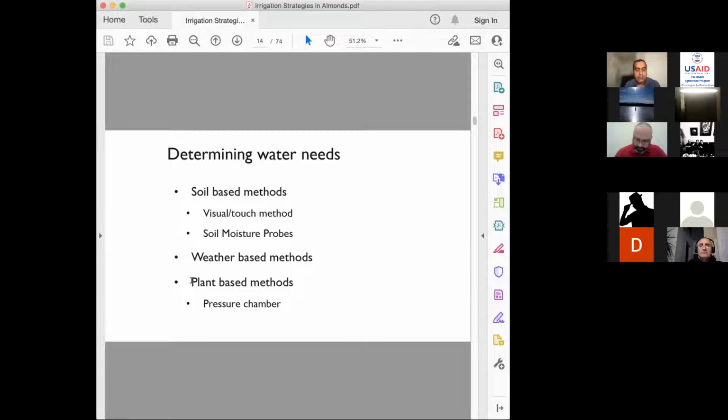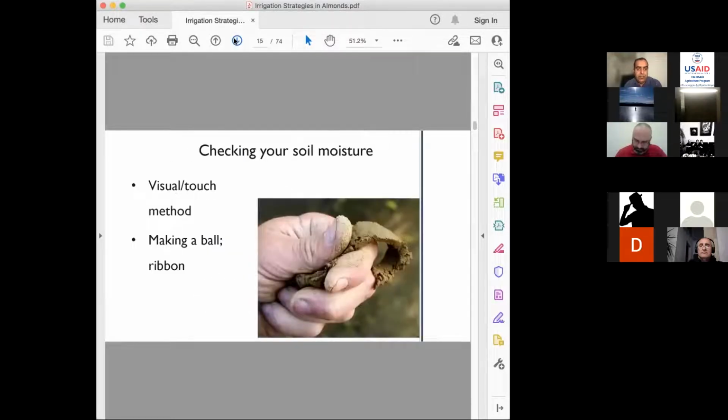So these tools are really not enough to calculate how much water you need to apply. You need to use these plant-based tools in addition to soil moisture sensors or weather-based methods to actually figure out how much water you need to apply.